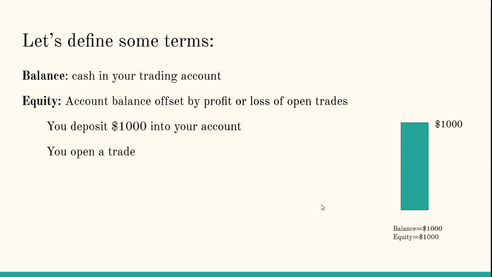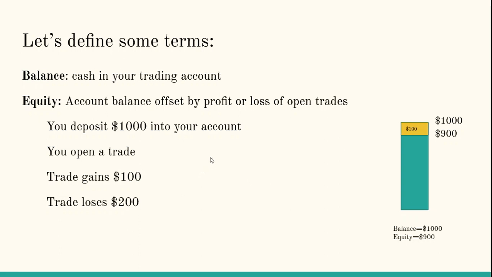Now we open up a trade, and if the trade doesn't move, we still have a balance of $1,000 and equity of $1,000. The trade gains $100. Now our balance is still $1,000 because it's the amount that we put into our account initially. And we have an open trade now, so our equity is now at $1,100.